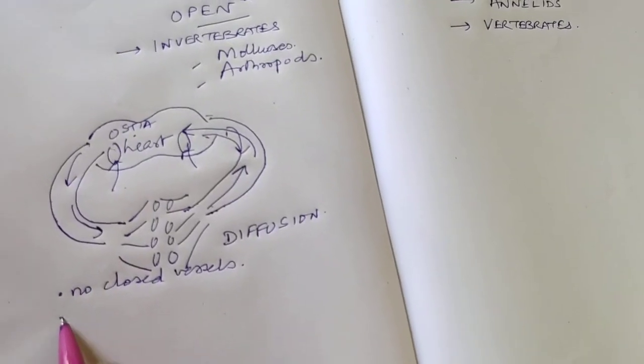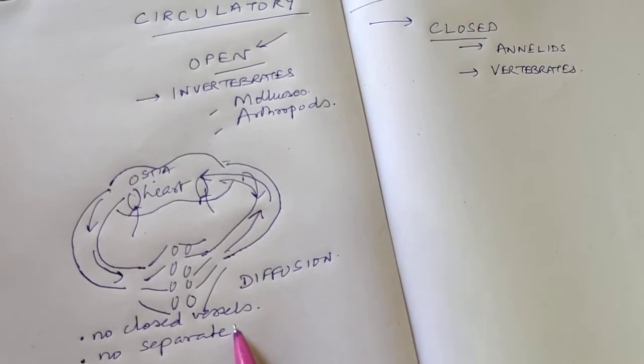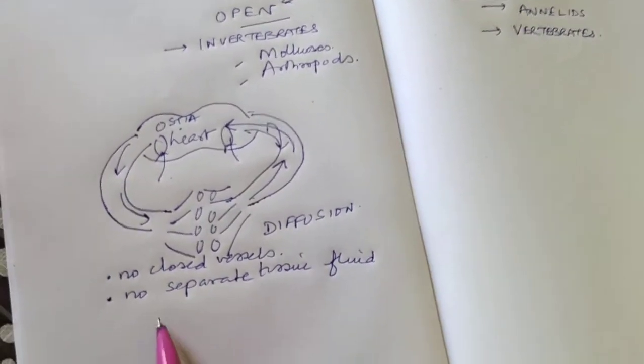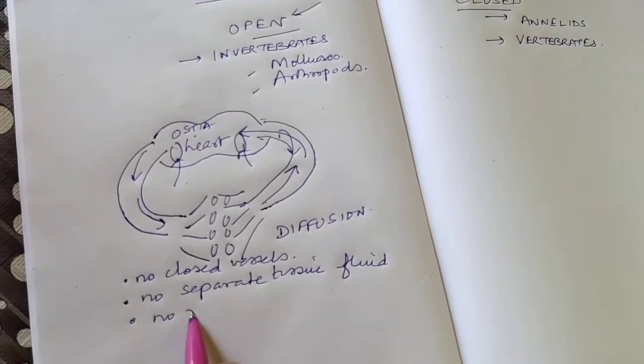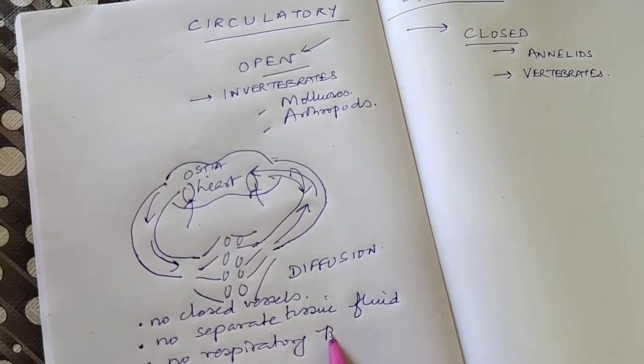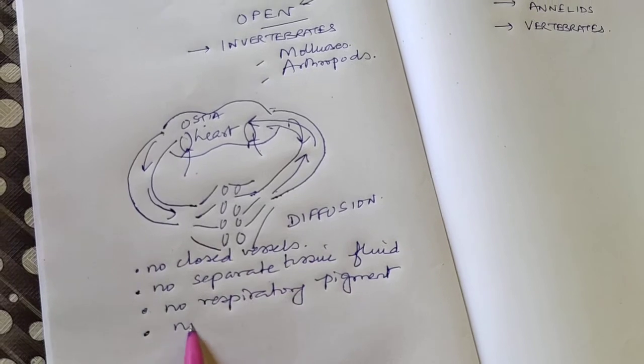There is no separate tissue fluid or interstitial fluid. No need for a respiratory pigment. And no capillary system in place.